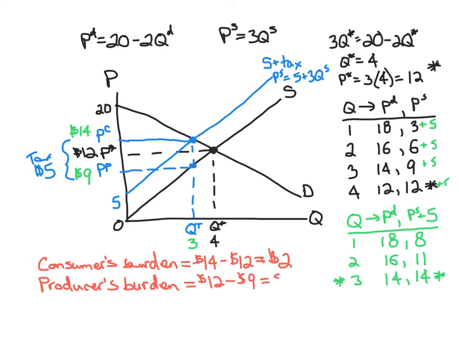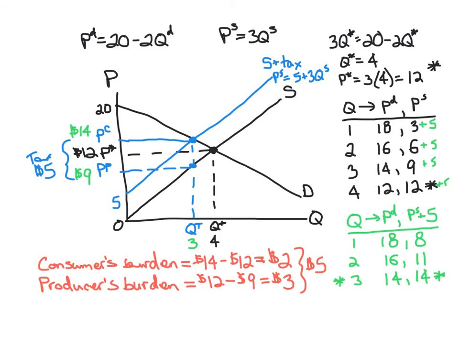So they are essentially paying $3 of the $5 tax, right? Together, when we add up the tax burden for the consumer and the producer, we get the total of $5 per unit sold, right? Later, we're going to talk about why it is, in this case, that the producer ends up paying a larger fraction than the consumer. In other scenarios, it'll be the opposite, where the consumer will pay more than the producer.